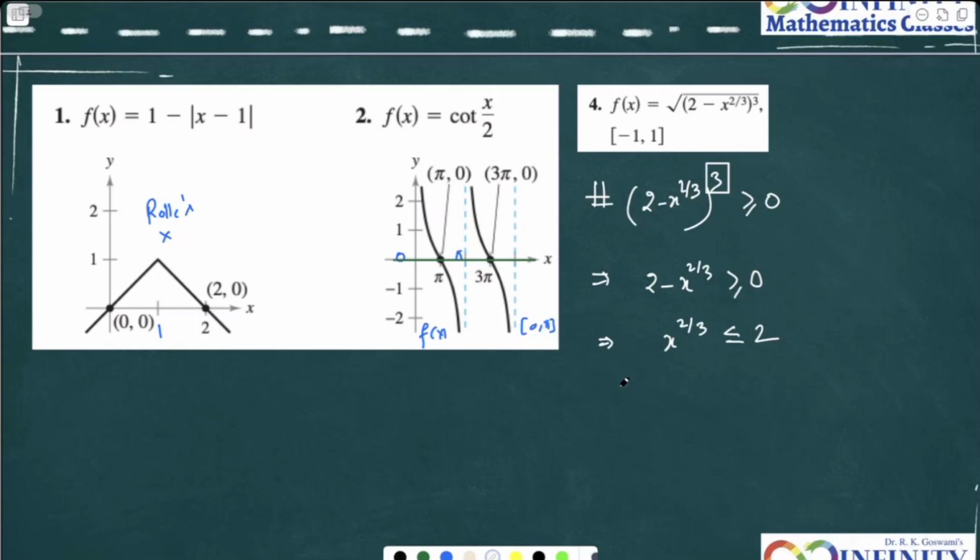So now that means x is less than or equal to how much? 2 exponent 3/2. Please allow me to use x squared is less than or equal to 2 cubed, taking exponent 3 on both sides.